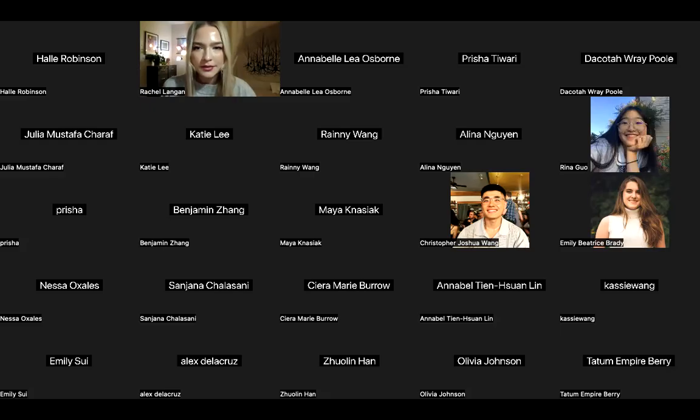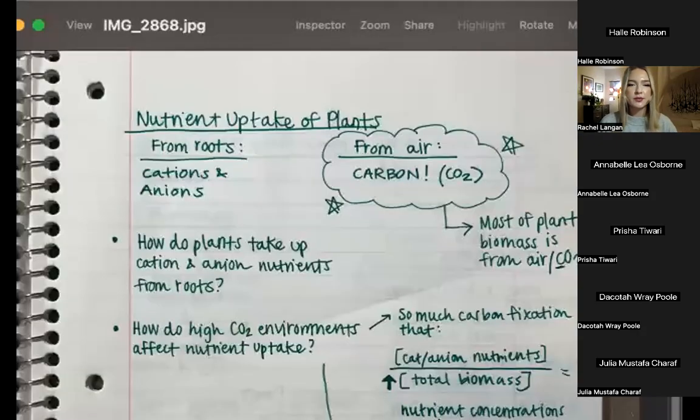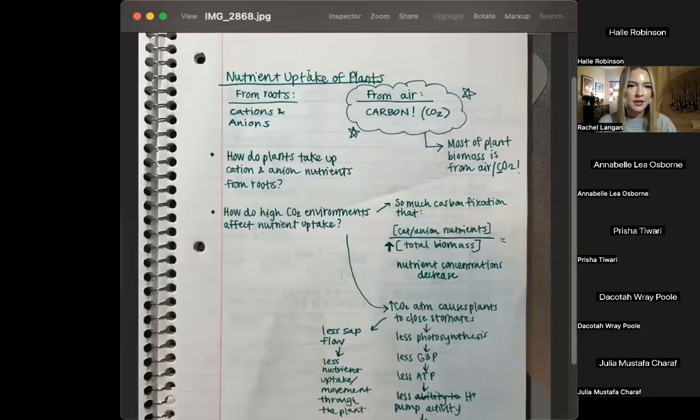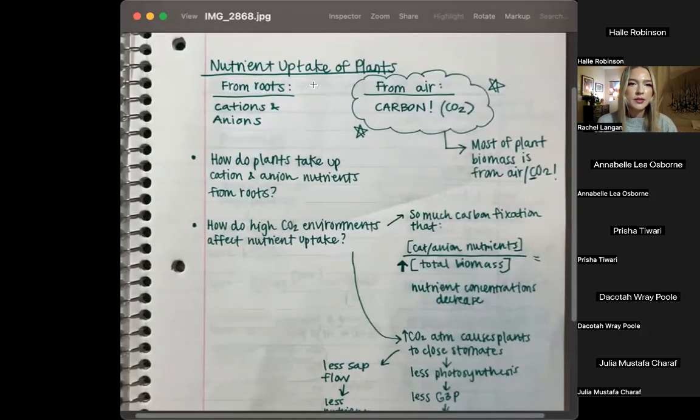Okay, next one. So that's it for water movement, and now we move to nutrient uptake of plants. There are two main ways that plants take up nutrients. One is from the roots, and we just focused on taking up cations and anions, and then also from the air.